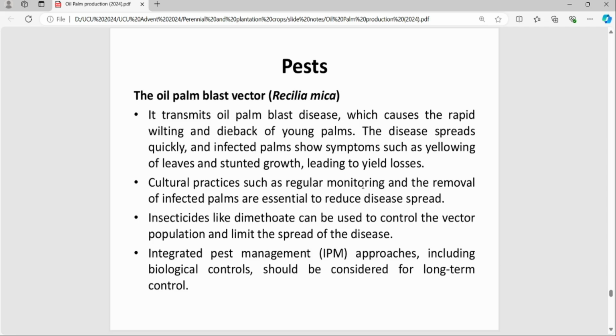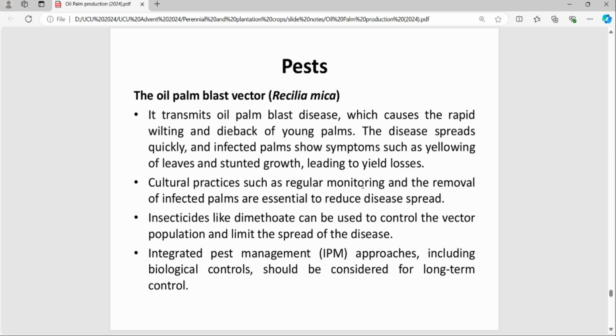Then we have the oil palm blast vector, which transmits the oil palm blast disease, and this disease results in wilting and dieback in young oil palm plants. This disease spreads very fast, and the infected palm trees show symptoms of yellowing of leaves, stunting, and then yield loss.